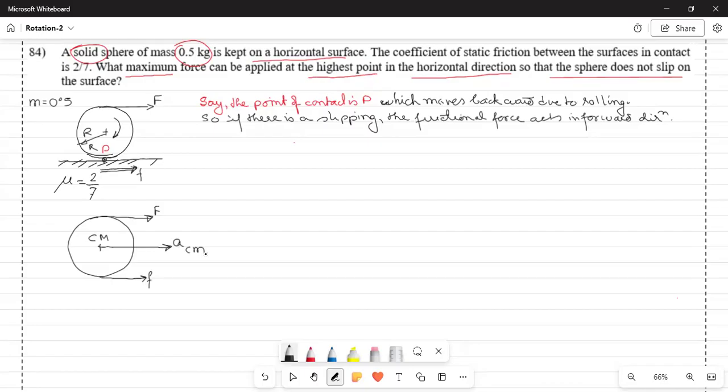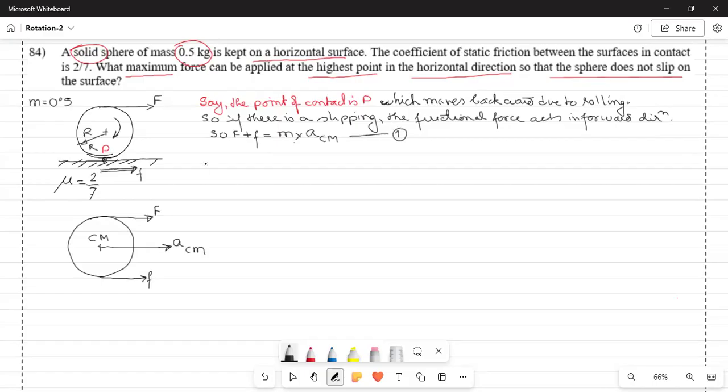Then from the theory of kinematics, capital F plus small f will be equal to its mass multiplied by the linear acceleration of the center of mass. We mark this as equation 1.